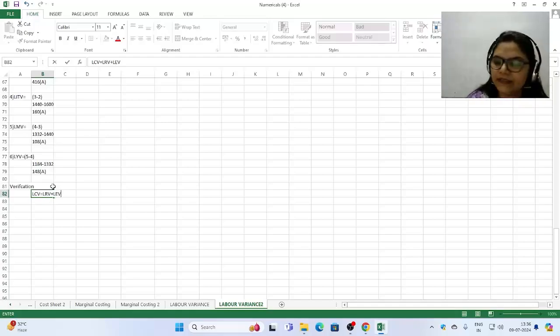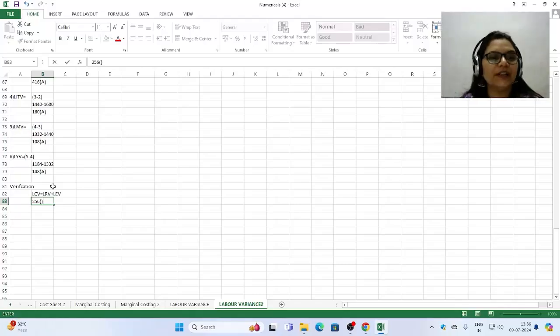Labor cost variance is equal to 256. We know it is adverse. We usually write adverse in front of those variances which are negative.